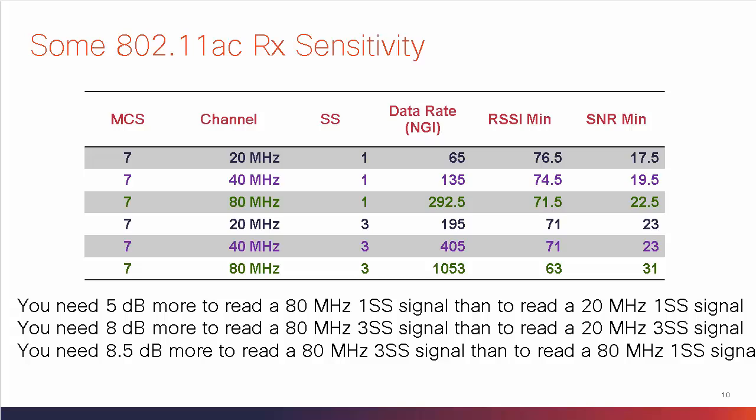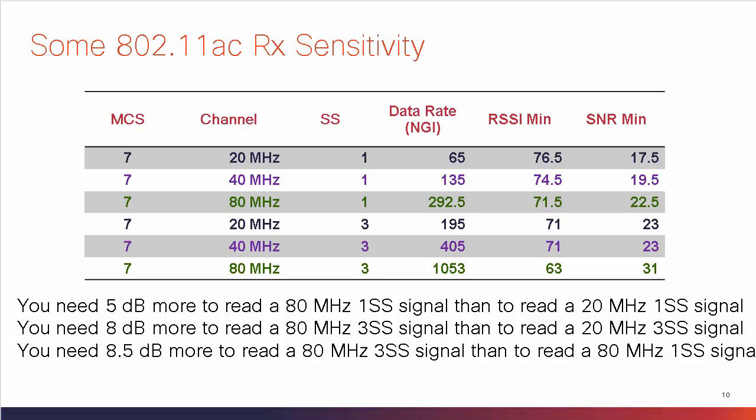And you can think that this is where MCS7 stops, and this is all the way up where you can get MCS7. Well, that may be true for 20 MHz, but if you configure your access point for 80 MHz and more than one spatial stream, that point is not the edge of your cell anymore. You have to get much, much closer to the access point to get the same MCS7 with a larger transmission and more spatial streams.